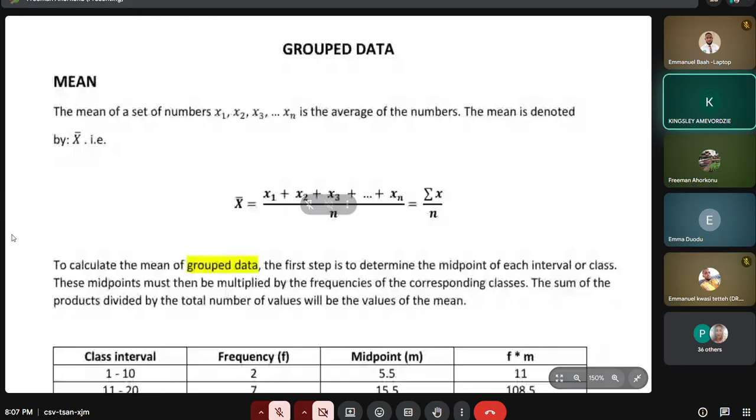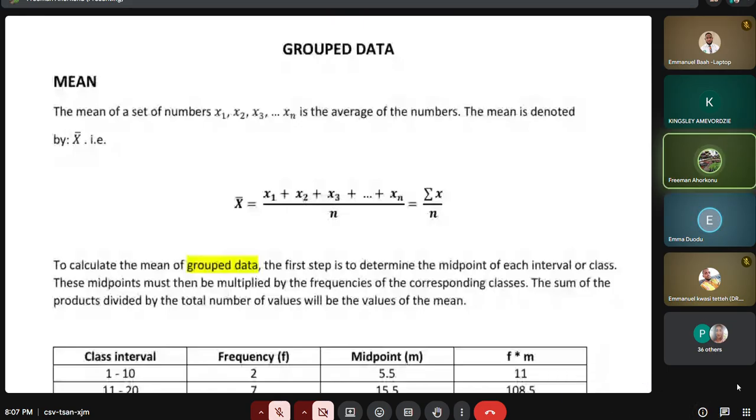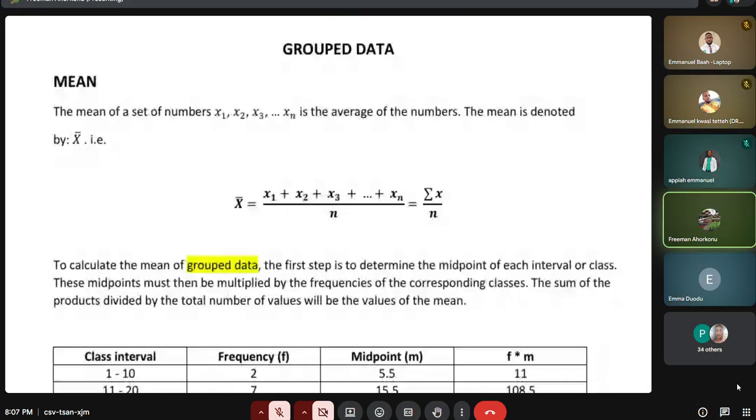Right. So you divide by the total number of them. The same thing you are seeing, x1 plus x2 plus x3 up to xn. It's the same thing you are seeing there simplified.